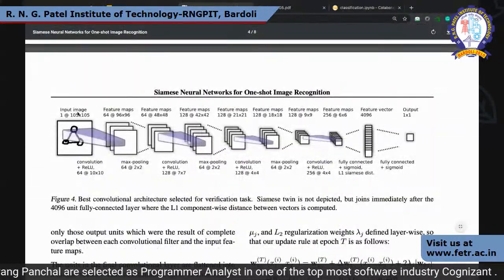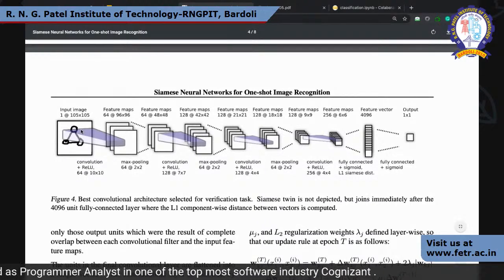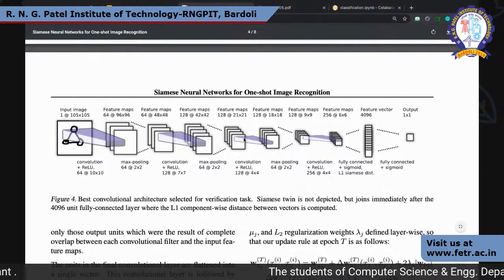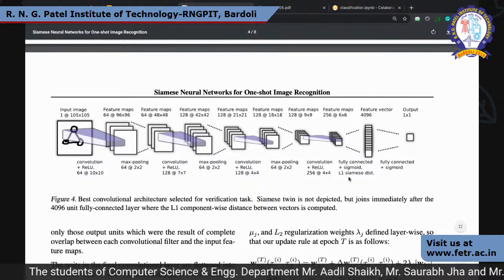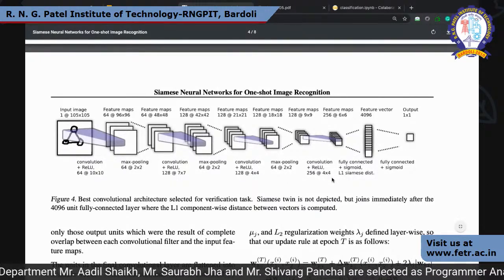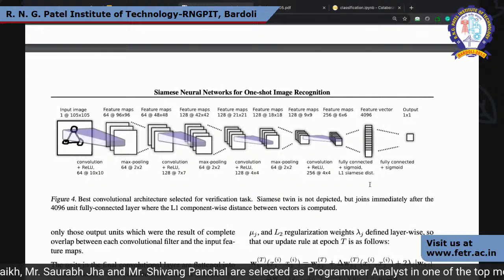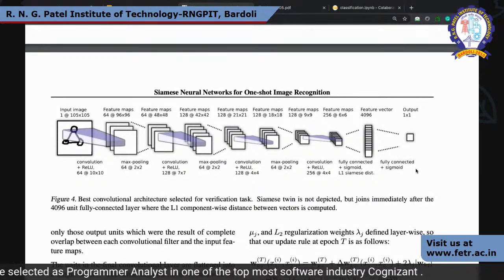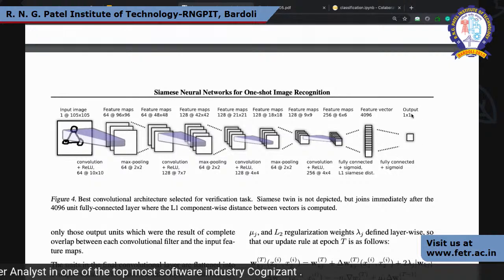Here it is a 105 by 105 input image with a single channel, then converted through convolution and max pooling, then another convolution and max pooling, and then fully connected using sigmoid, and also the L1 Siamese distance over there on the feature vector, then again connected with a fully connected sigmoid layer, and the output is one by one.